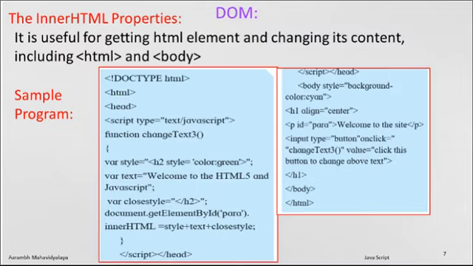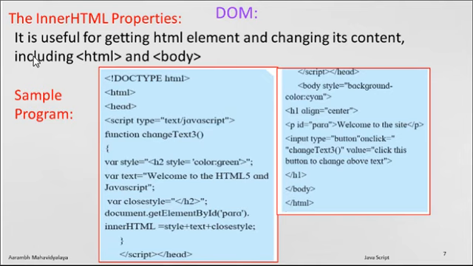Okay, then next one, the innerHTML property. Now in innerHTML property, actually what happens, whatever different types of properties are specified, all of them are combined together by using the plus operator, and all those inner properties are specified in a single variable and the variable's value will be displayed.